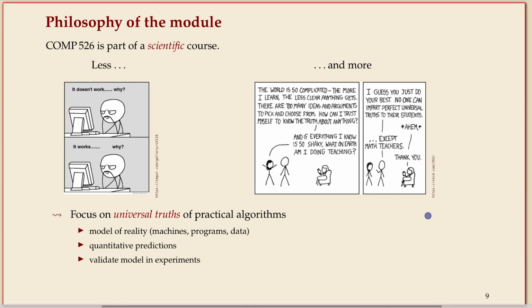So we'll focus on the universal truths of practical algorithms. I smuggled practical in here to make it at least a little more attractive for people focusing on the more practical side of things. Universal truths here has a specific meaning. It means we'll go away from the things that age very quickly, like concrete hardware or concrete programming languages, and go one level of abstraction up to things that have basically not changed so much over the lifespan of computer science, which is just a couple of decades.